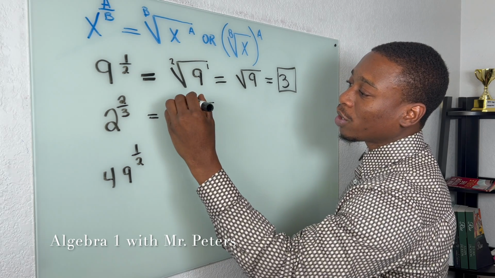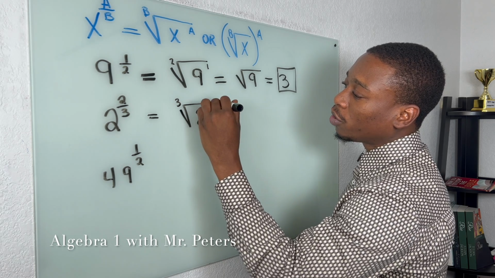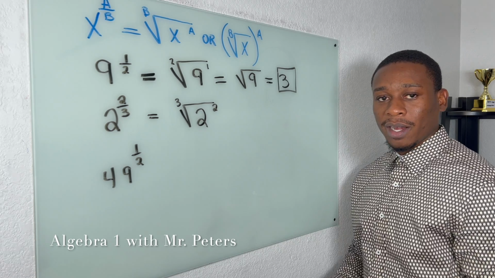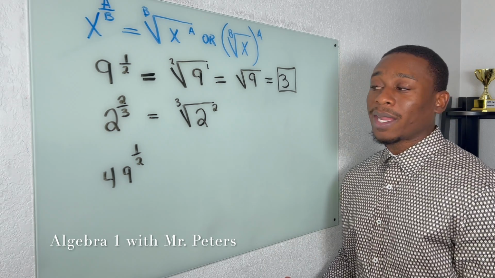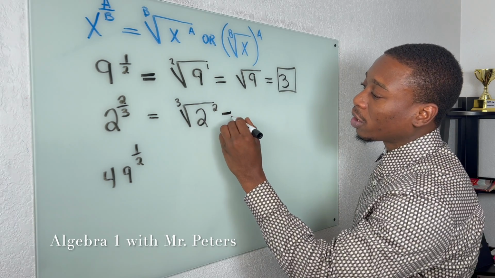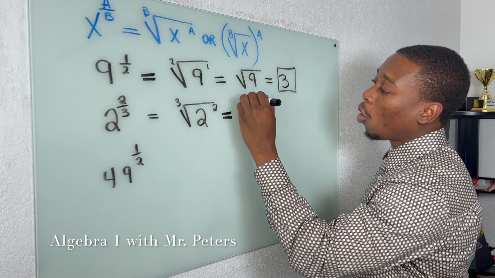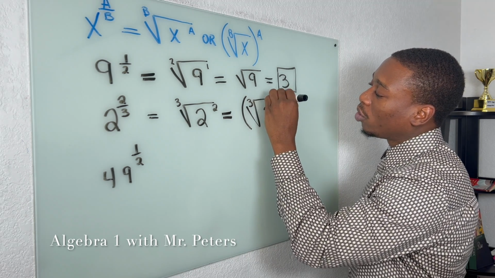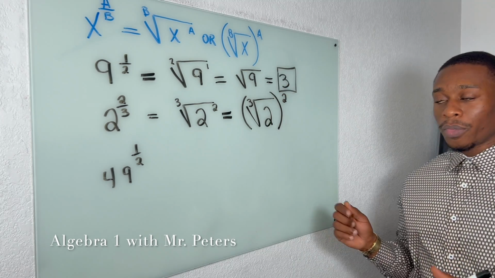So when I set this up now, we're trying to take the cube root of 2 to the second power. And what we have to understand is that there is no cube root of 2. We cannot break that down anymore. So essentially, this would be our answer, what we have right here. Or if we want to write it with parentheses, we could do something like this as well, right?